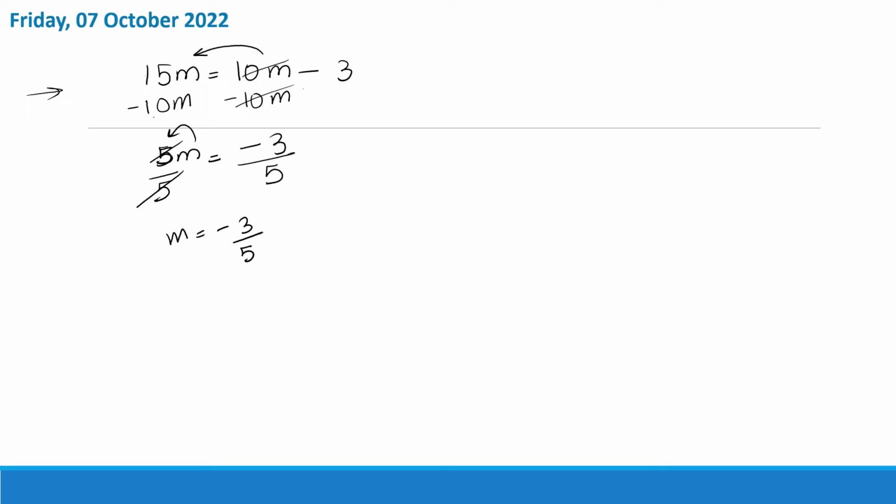Let's try one more question. If I am writing here 2 by 3m equals 8 times 9, I want to find the m. So what is happening with the m? 2 over 3 is written, and here no sign means multiply sign.